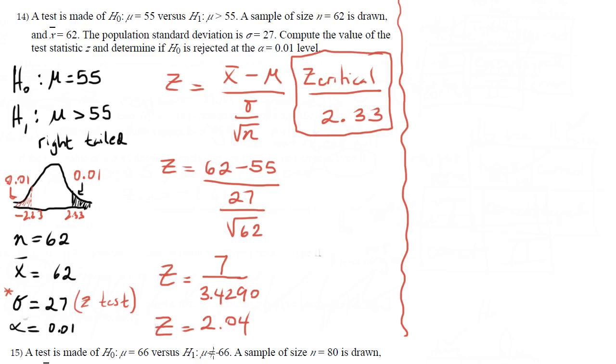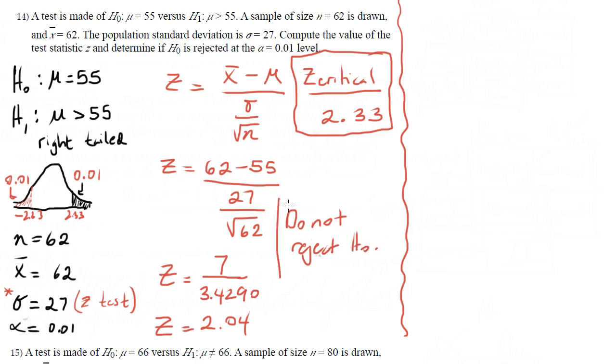So now again, I check this test statistic against my critical region and determine if it's in that critical region, that rejection region. So 2.04 is not greater than 2.33. It's actually less. It'll be somewhere in here. So because it's not in this critical region, my conclusion is do not reject H sub 0.